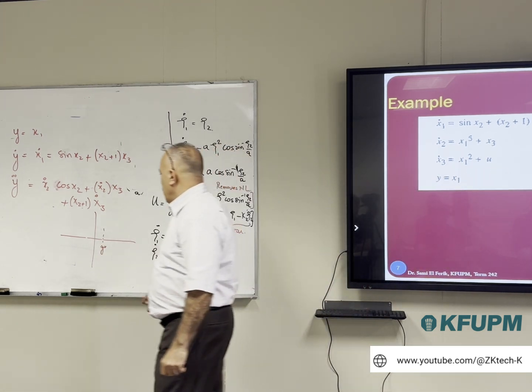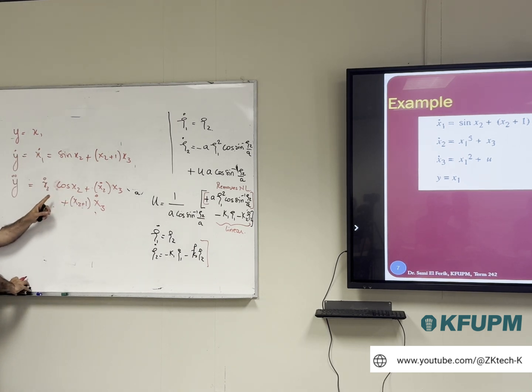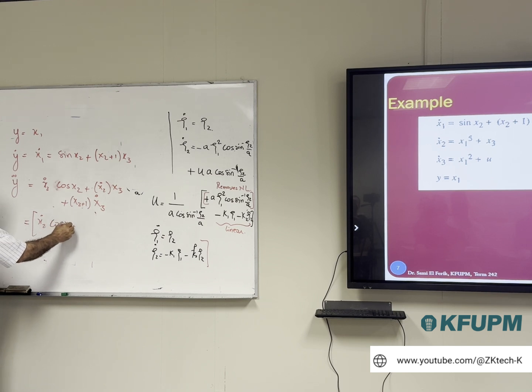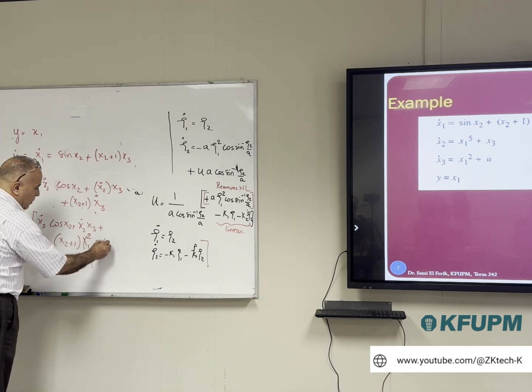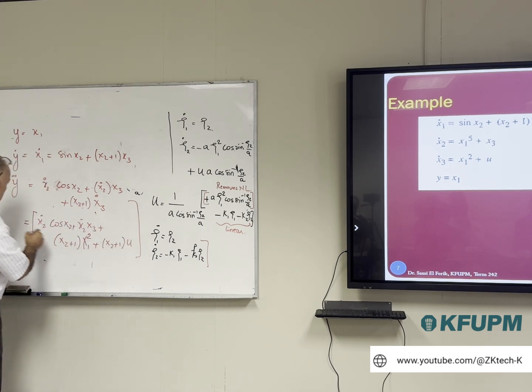I will not replace x2 prime, because it will take a lot of space. So we have cosine of x2 plus x2 prime x3 plus x2 plus 1 multiplied by x1 to the power 2 plus x2 plus 1 multiplied by u. And this is y double prime.